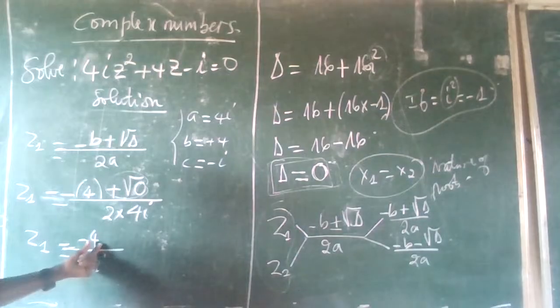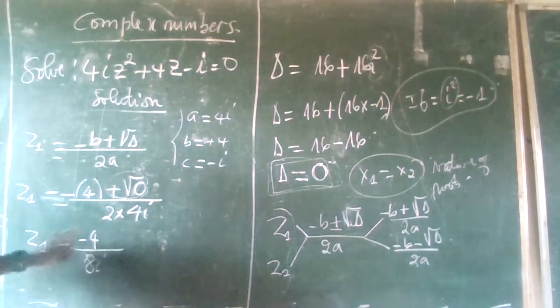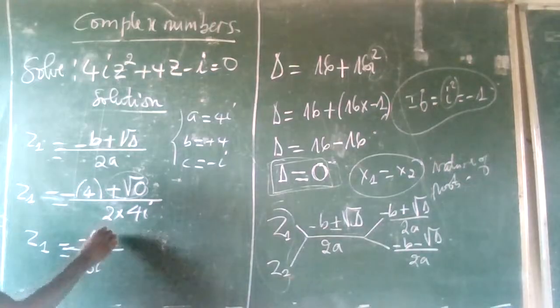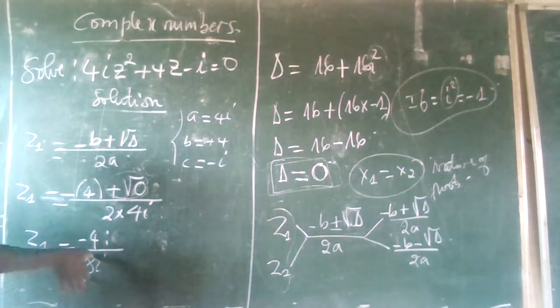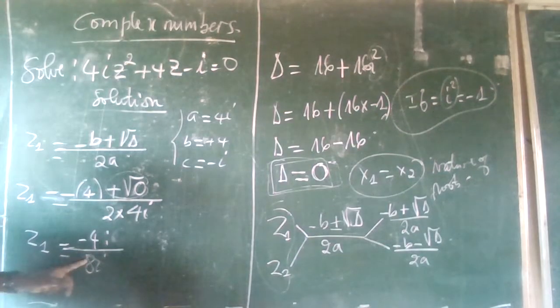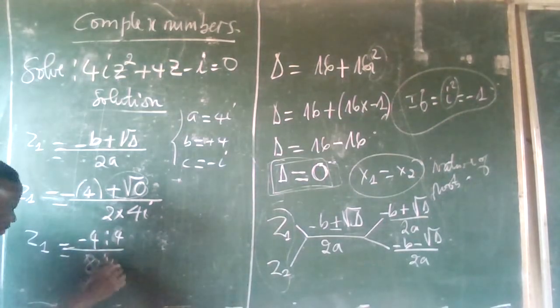Now we are at this step, you are allowed to simplify. You are allowed to simplify by 4, because this 8 should be divisible by 4, and this 4 is also divisible by 4. This is by 4 itself, and by 4.